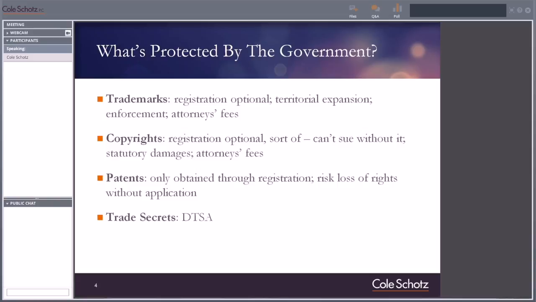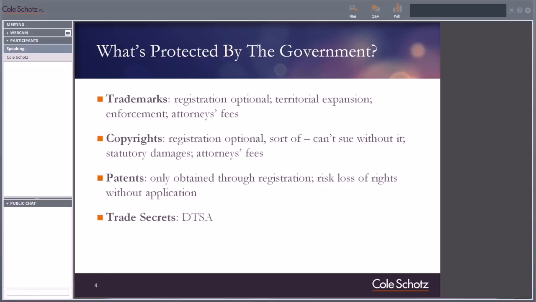It gives you the security of knowing that your mark will be preserved for you so long as you continue your use in the couple of states that you're in. There are also some similar benefits that you get with respect to foreign rights if you have applied for a federal registration of trademarks in terms of timing and priority. So that's an additional territorial related benefit.